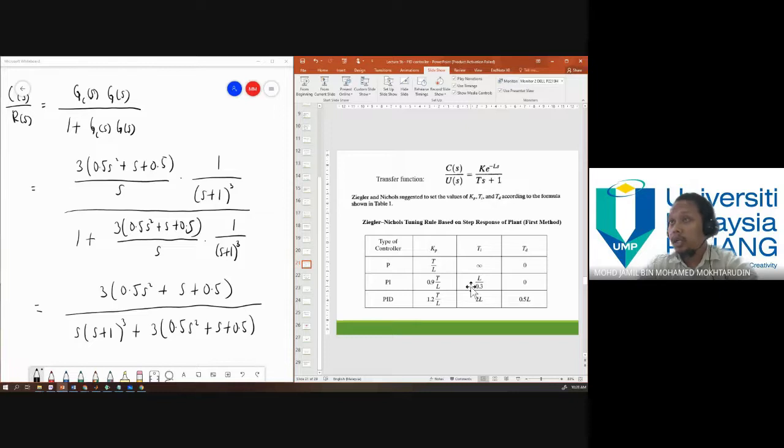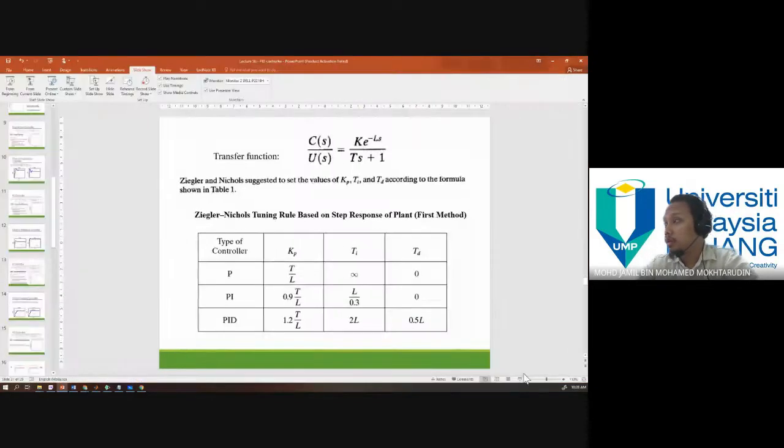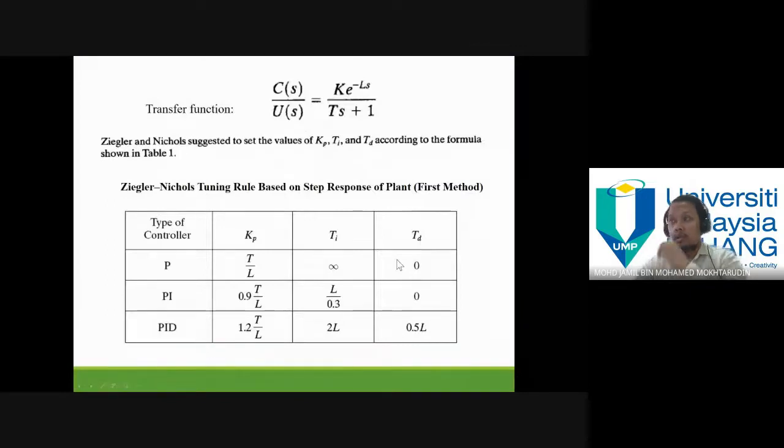And then if the question asks you to simplify the block diagram, then just calculate as usual. Okay, so that's about the first tuning method. The first tuning method is used when you have a step response of a plant that exhibits an S-shaped curve.